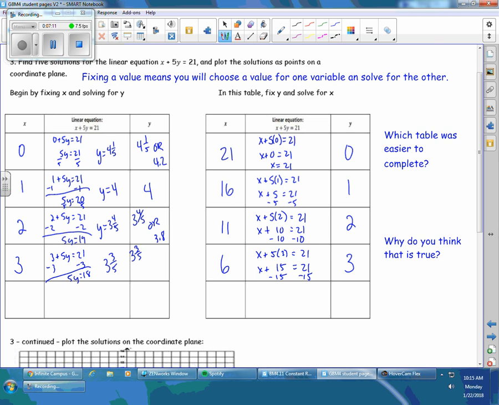So which table is easier to complete? I think the table on the right, fixing my y, was easier to complete. I got whole numbers.